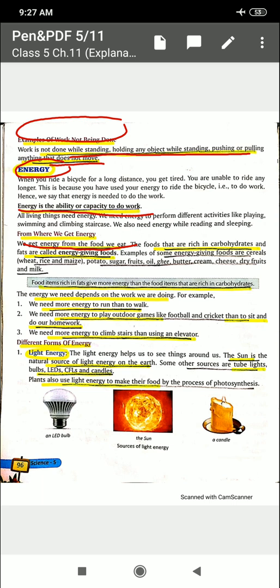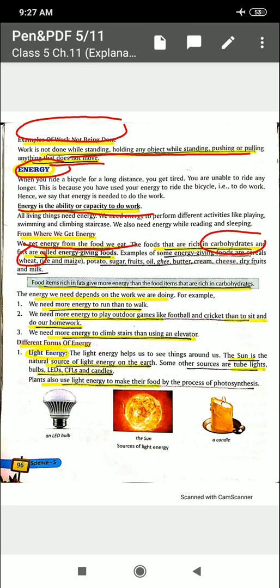Now you just recall that which 2 nutrients are energy giving food. Yes, my dear students, the 2 energy giving foods are carbohydrates and fats. That means we get energy from the food items which are rich in carbohydrates and fats.